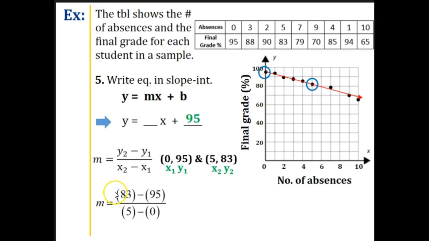What's the slope? It's 12? Are you sure it's 12 over 5? Do you guys agree? We have some disagreement, right? Why do we have disagreement? Grant? It's a negative 12, because 83 minus 95 is going to give you a negative 12. 95 is a bigger number, and it's negative.